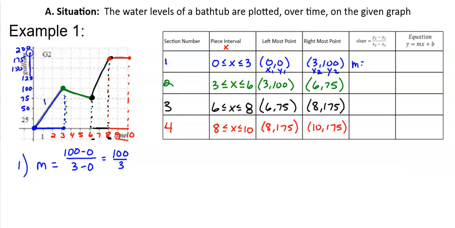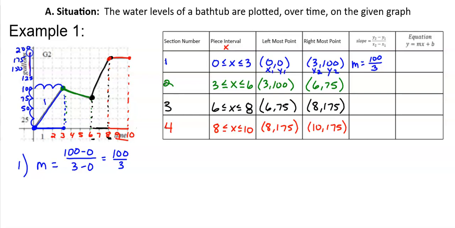So m equals 100 thirds. And you could have just done that from the graph, looking at the graph, up 100, your run is 1, 2, 3, 100 thirds. That's probably just as easy, if not easier. Okay, keep going here. The green one, segment 2, maybe I'll just do the rest of them from the graph.